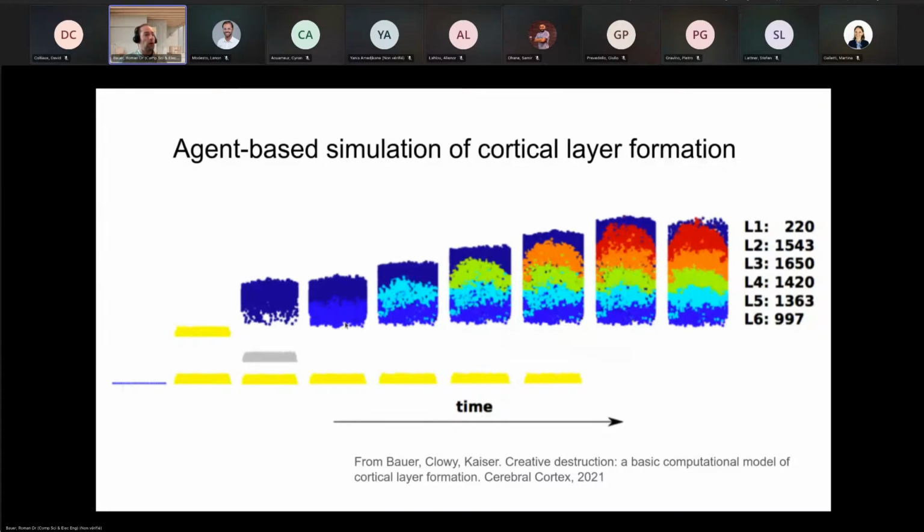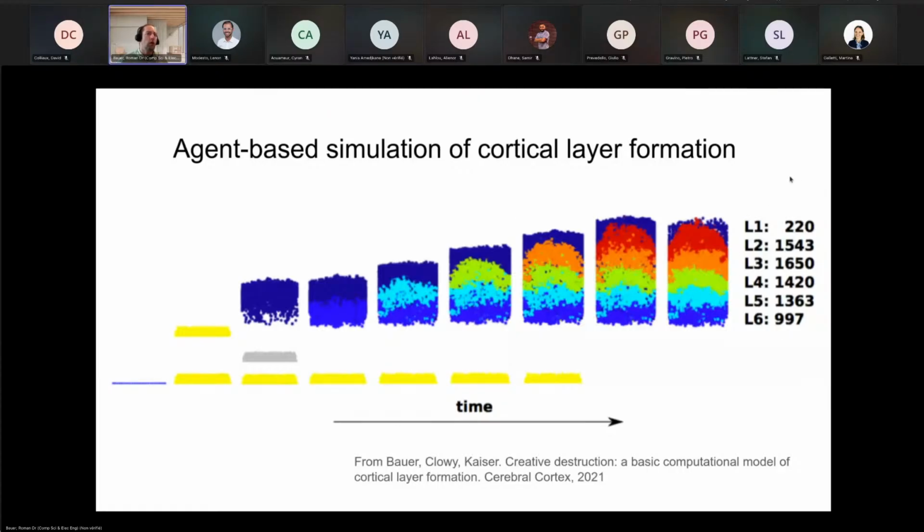So somewhat counterintuitively, it's not like that you have first layer 1 developing and then layer 2 and then layer 3 and then layer 4 and 5 and 6, but actually we have first the marginal zone developing, and then the deeper layers where we have layer 6 later on developing, and then actually layer 5 develops and layer 4 later on and pushes the marginal zone up, then layer 3 and 2 and 1. So it's this inside out development sequence that we reproduced in simulation.